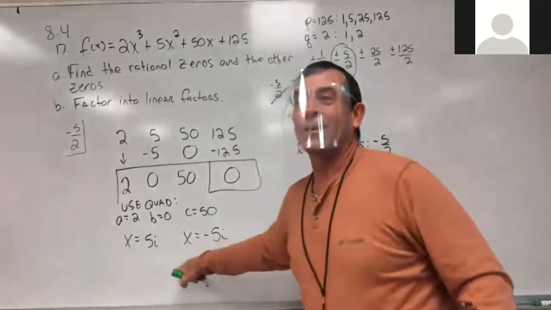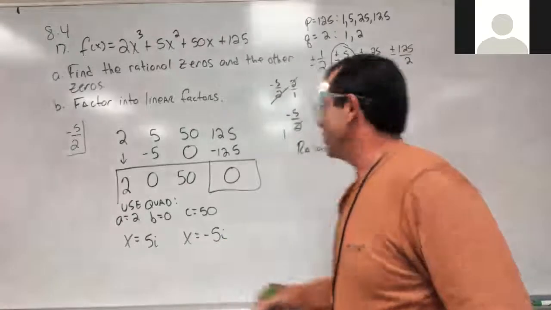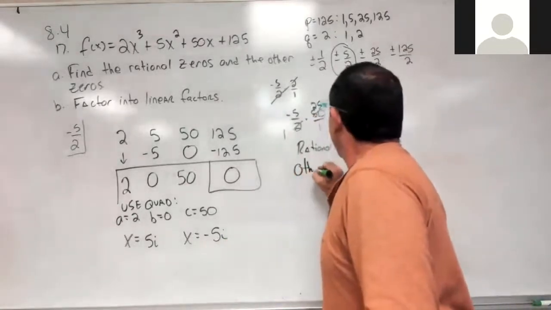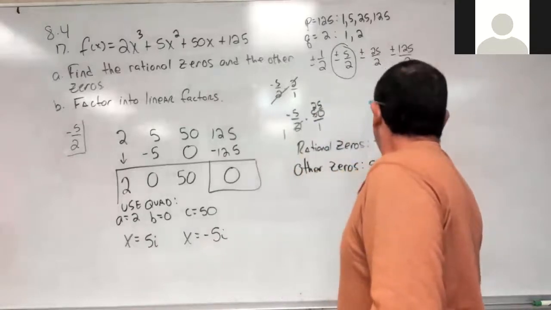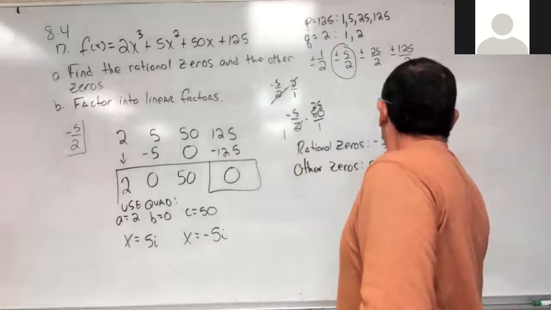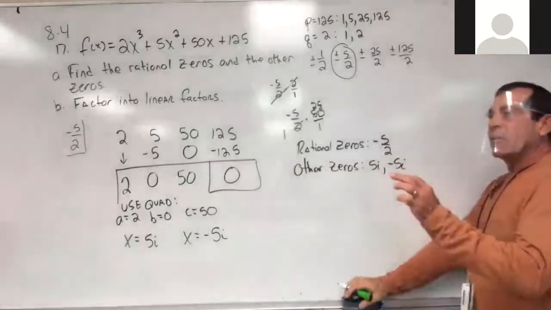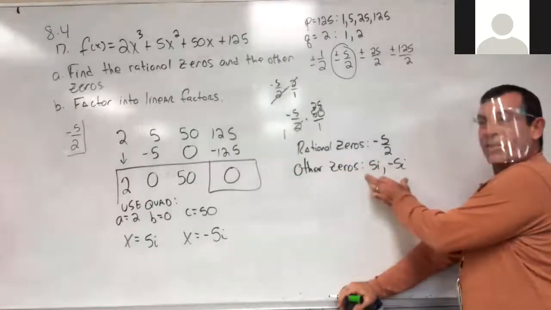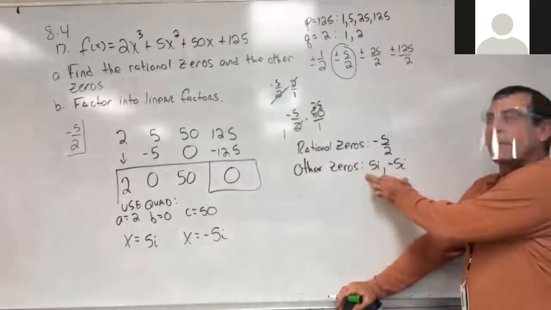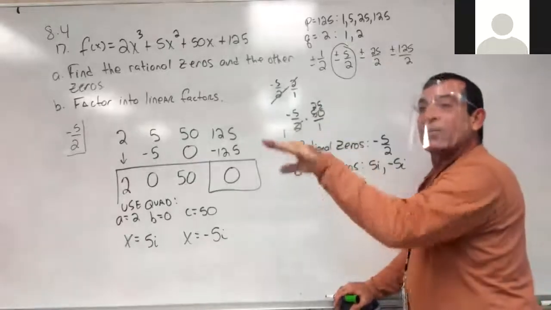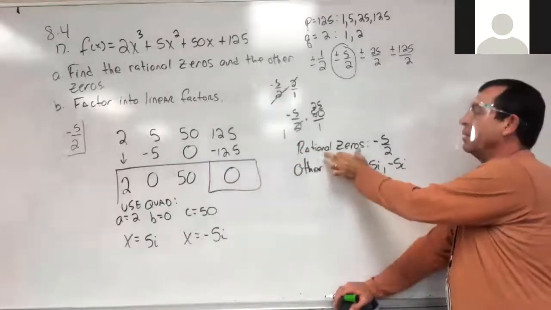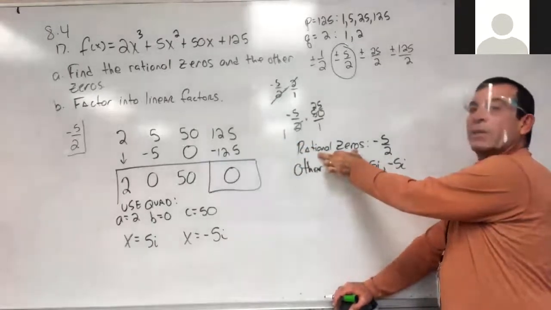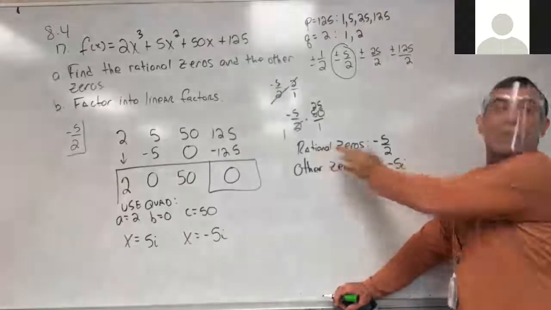Those are imaginary numbers. So those would be considered the other zeros. And that'd be the 5i and the negative 5i. So if you get any zeros that are imaginary, they're going to be other. If you get any zeros with radicals in them, like square roots, they're going to be other. Okay? The only rational zeros will be the whole numbers and the fractions.